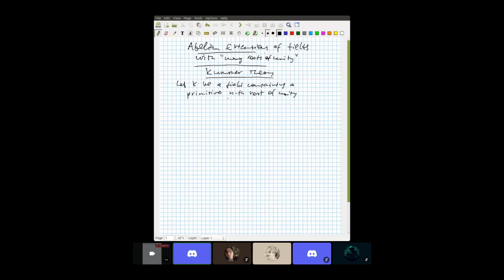In particular, this means that n is not divisible by the characteristic of K. So let L be a Galois extension.